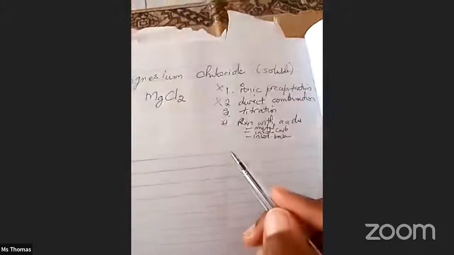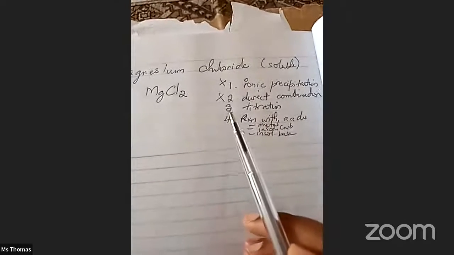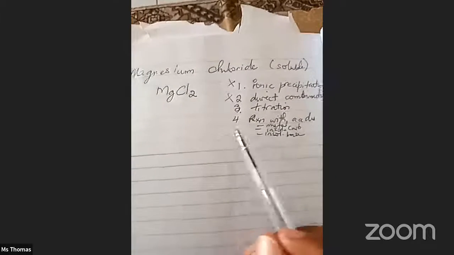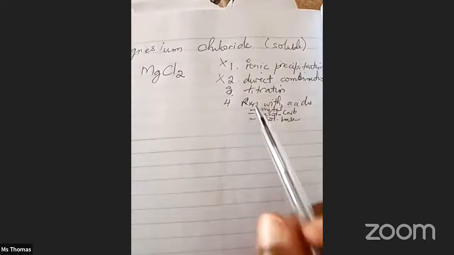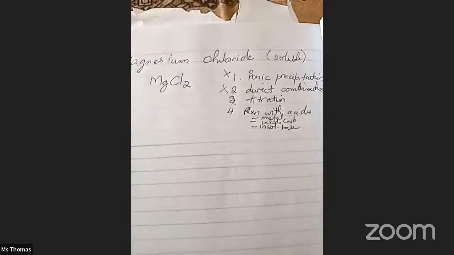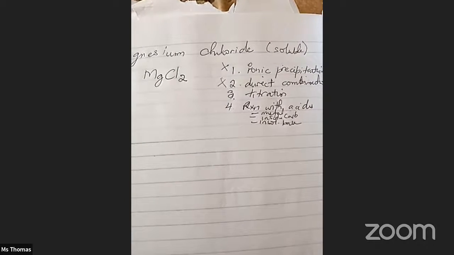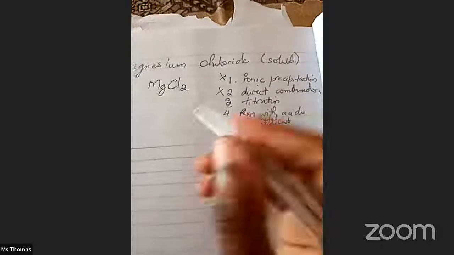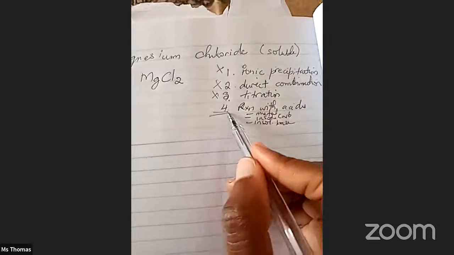So this only leaves us titration and the long one. Now, magnesium chloride. Why can't it be titration? Remember, I said to you that we usually use titration with SPA. And is magnesium chloride a SPA salt? No, miss. No, so we don't use it. So this is the one that we're going to use.